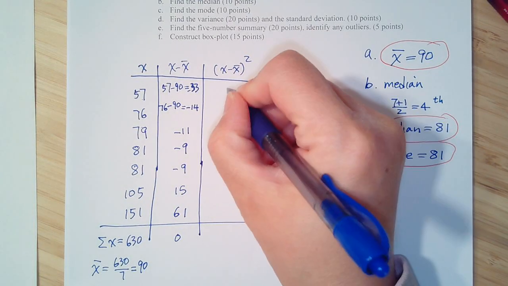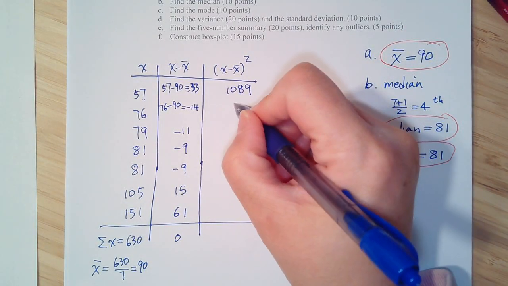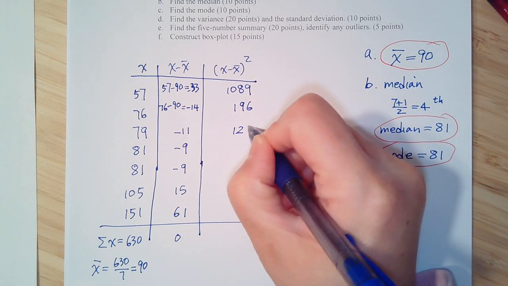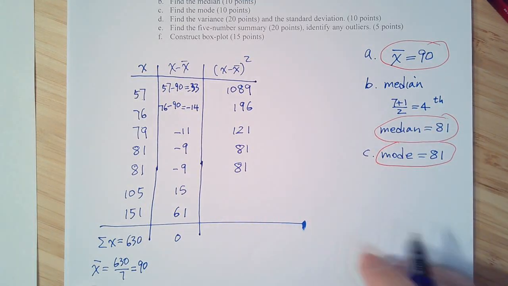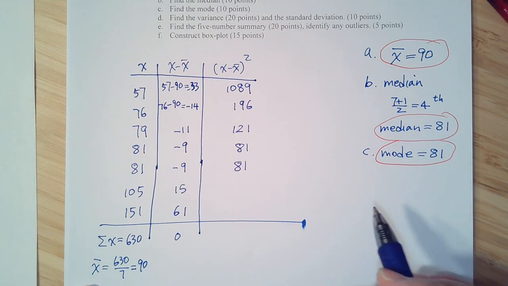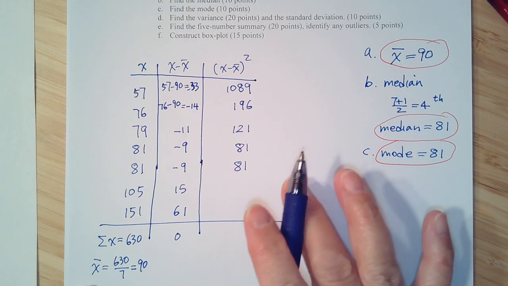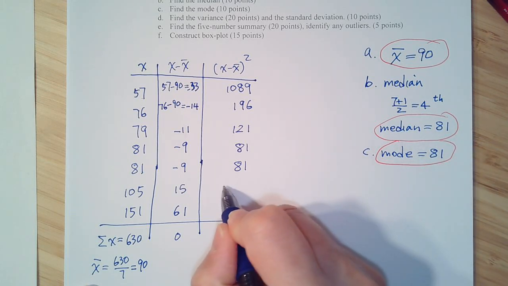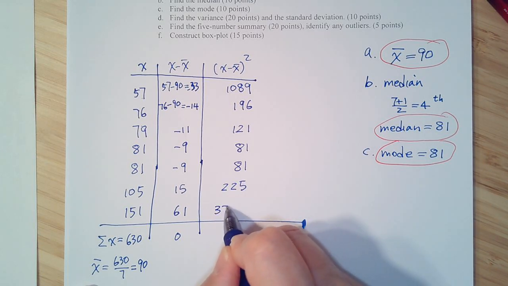And then 14 squared is 196, 11 squared is 121, 9 squared is 81 and 81. If you don't know this by heart, don't worry, you have plenty of time in the quiz. You're more than welcome to check your answer with your calculator. So this is 225 and 61 squared is 3721. So I got 1, 2, 3, 4, 5, 6, 7, seven numbers.